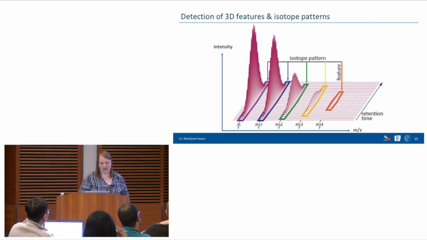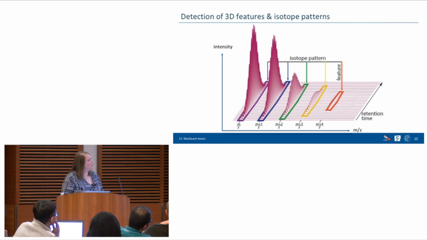So again, this is another view on the isotope pattern, and now we will explain how to assemble it. The first hill here is basically a 3D picture.